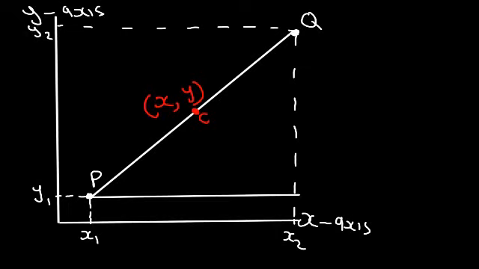Let's move on. Now what I would like to do is to determine the distance between point P and C along both the axes. You notice that along the x-axis, the distance between point P and C will be from here all the way to this point. And the distance between point P and C along the y-axis will be from here all the way to this point.